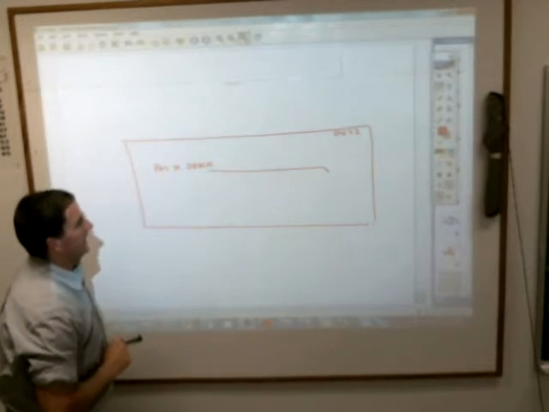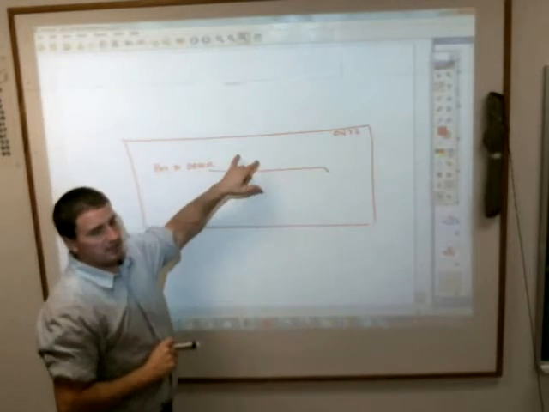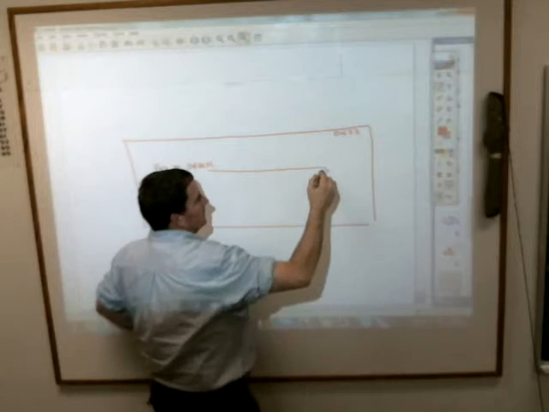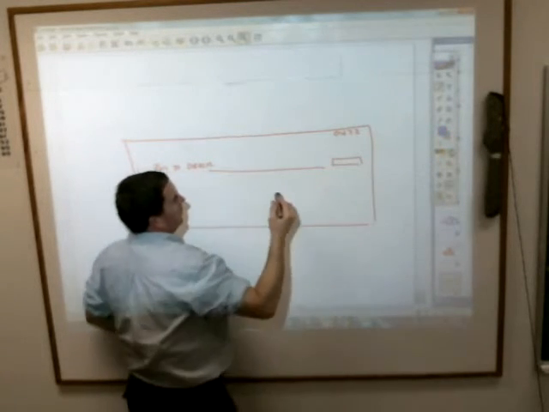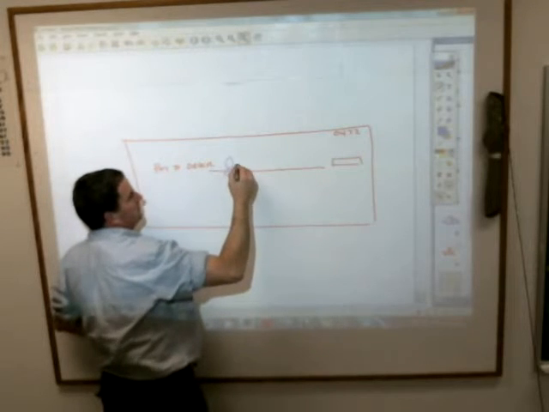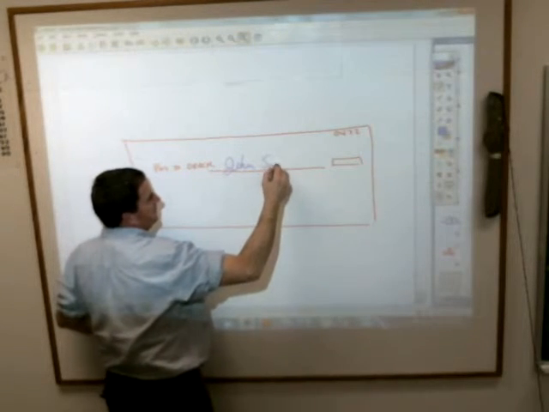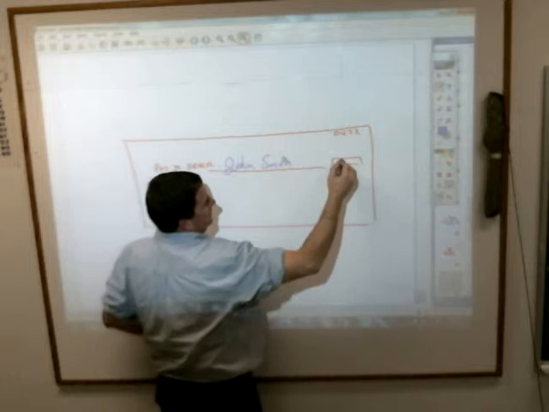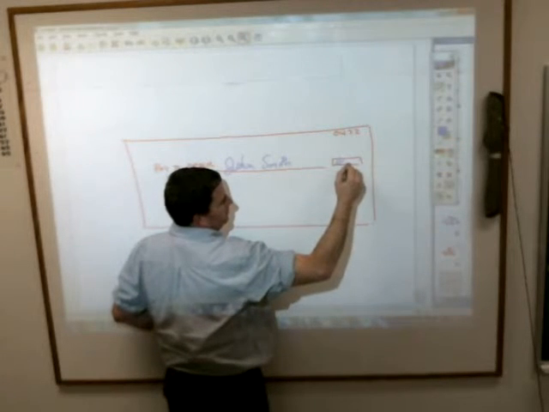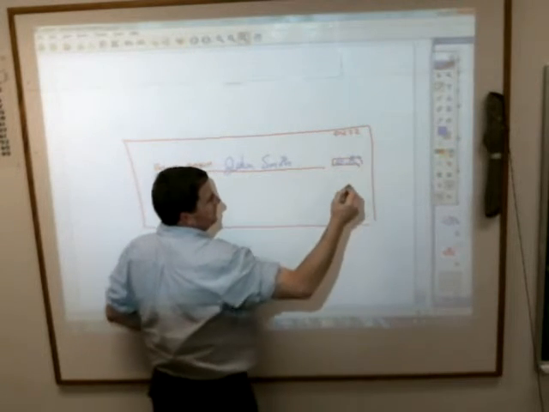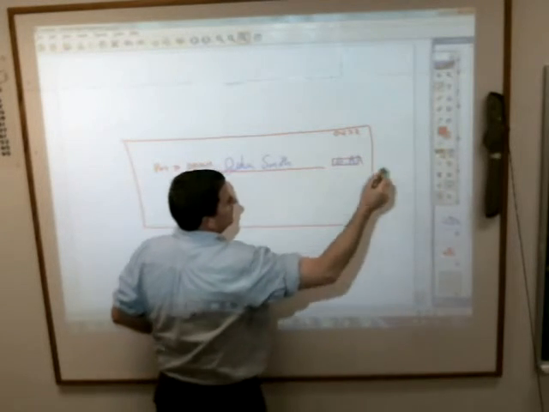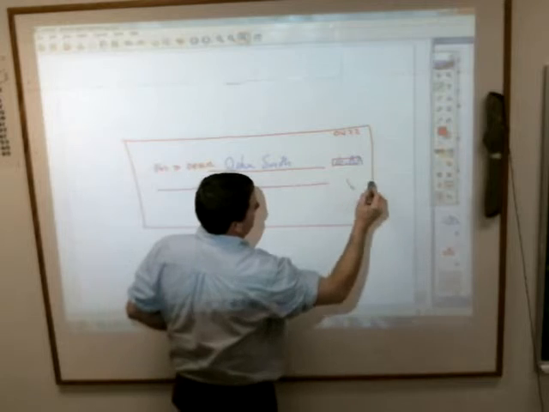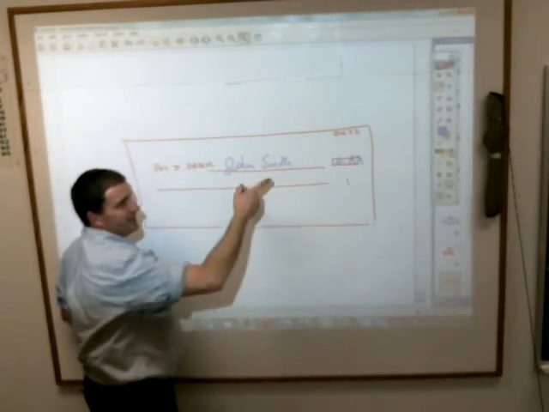On the first line, it says paid to the order of. Then there's a box over here. So we're paying to the order of John Smith. This is where you put the decimal number, 6.83. And below that, the bank will tell you to write that number out.